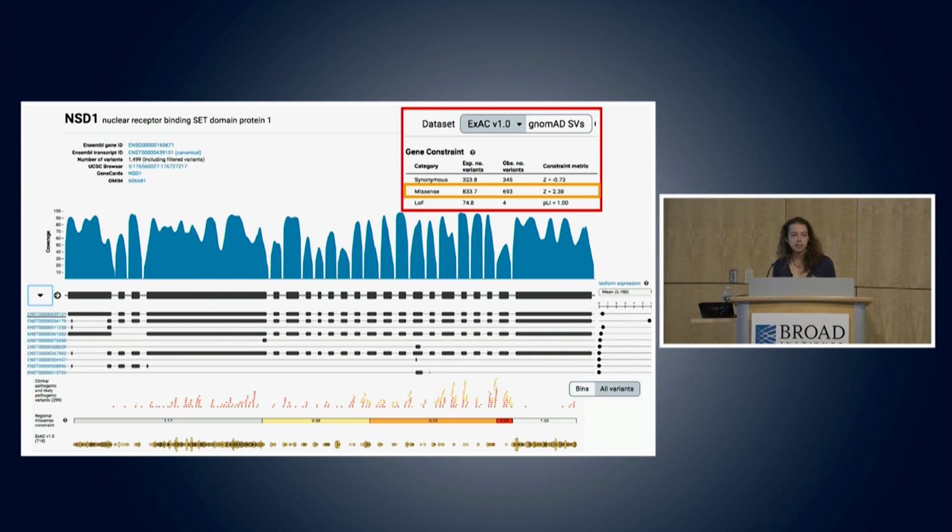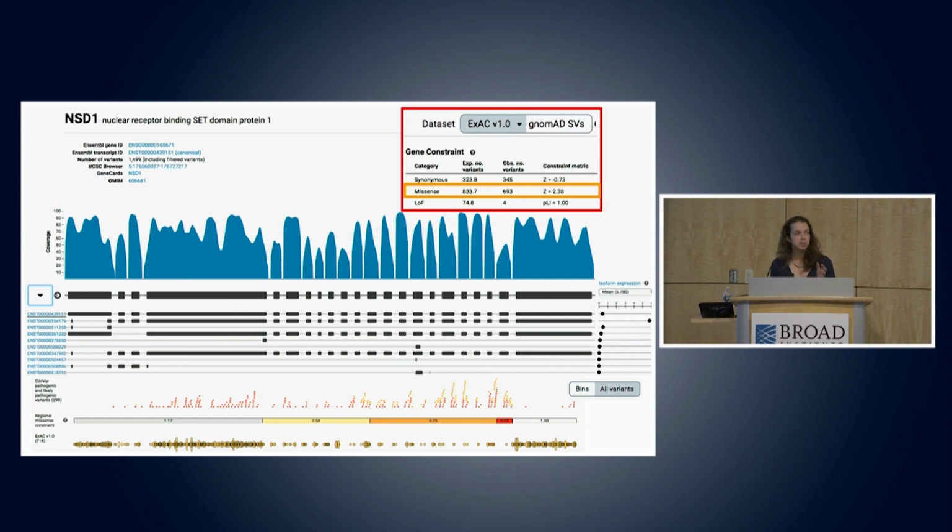There's one reason that I do this, and that is the regional constraint. We talked about missense constraint for the whole gene, but for loss of function variation, aside from things that happen right at the end that maybe wouldn't trigger nonsense-mediated decay, we tend to think of missense variants a little differently.